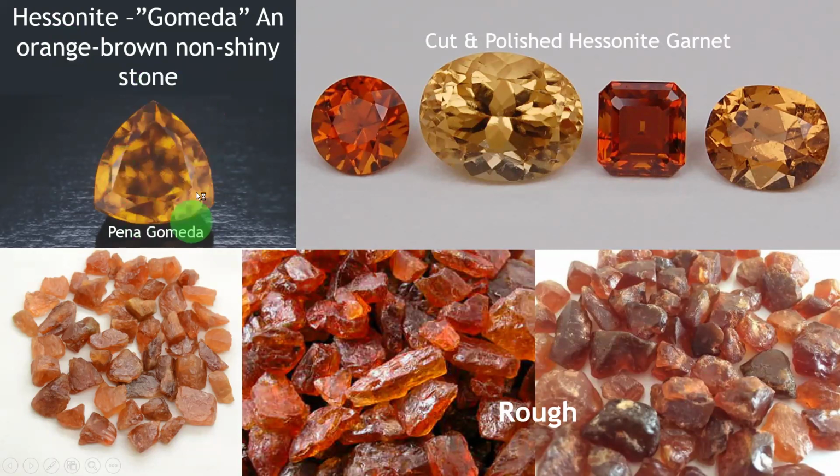This is called penagomeda, with cloud-like inclusions inside. The clean gemstones can be cut and polished like this. These are the colors. Now you can see the hessonite rough. See, another rough, another rough. All are hessonite garnets.